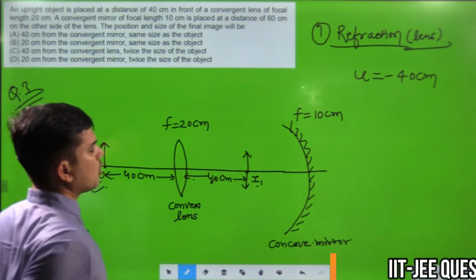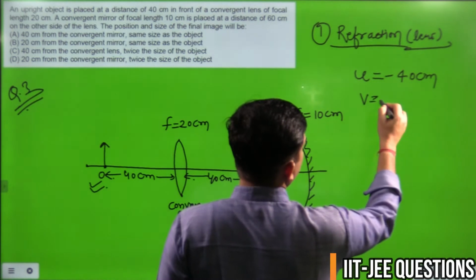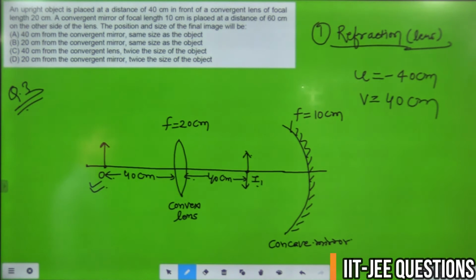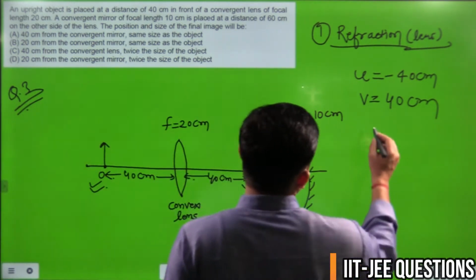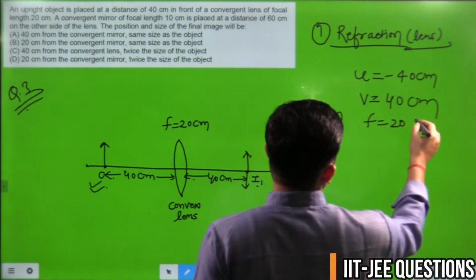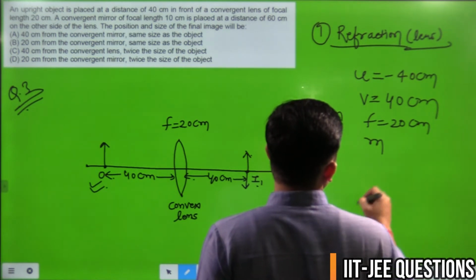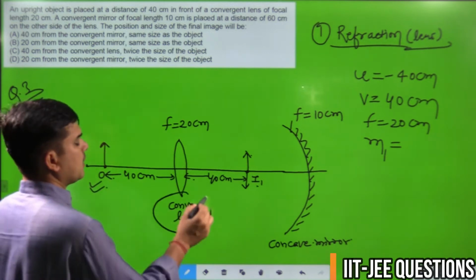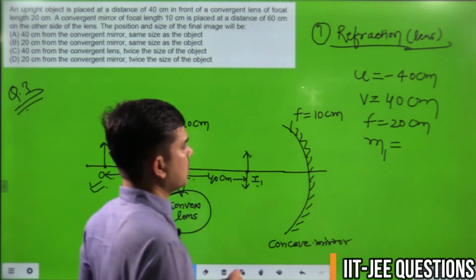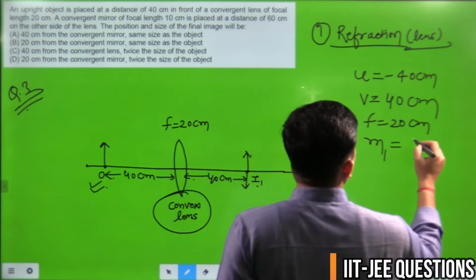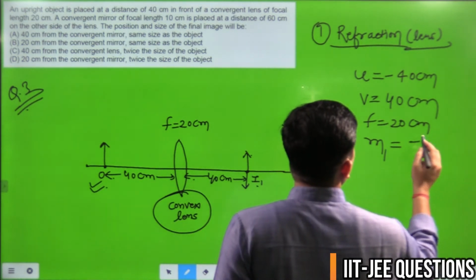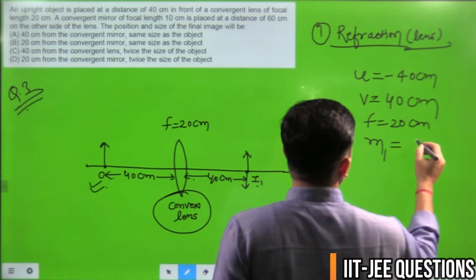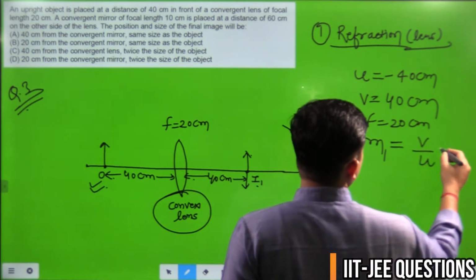The image is formed again at 40, meaning v equal to 40 centimeter. Focal length 20 centimeter. And what will be the magnification of the convex lens? Magnification of the convex lens is v by u, plus v by u.